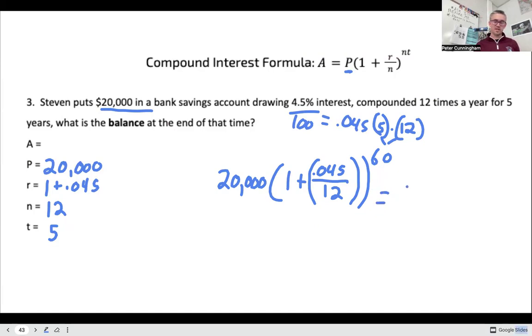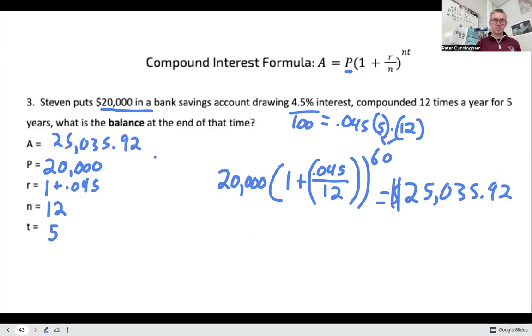Once you calculate that in your calculator, you should have $25,035.92. This question isn't asking it, but it's good to know that if that's my final amount, you take that final amount, 25,035.92, and find the difference between the final amount and your initial amount, like what you paid versus what the price tag said.